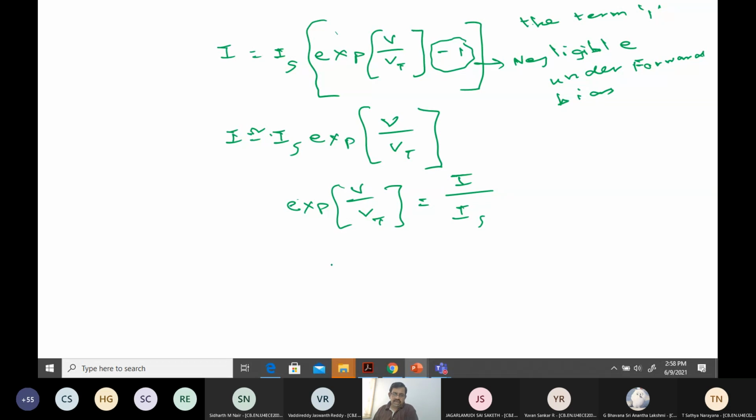We need to find only the forward bias voltage V. So V will be equivalent to Vt natural log, to the base e, of I by Is. Substitute, and you will get the V value.